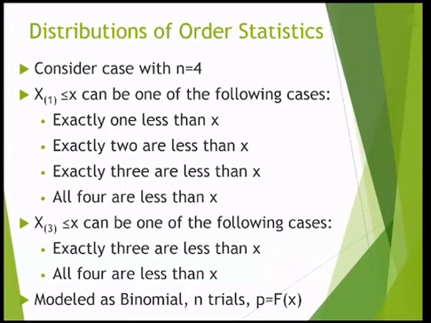Now, this is our further example: distribution of order statistics for the case n equal to 4. If I have a sample with n equal to 4, I can figure out the probability that the smallest order statistic is less than some value, and likewise for the highest, because I'm considering a sample size of 4.